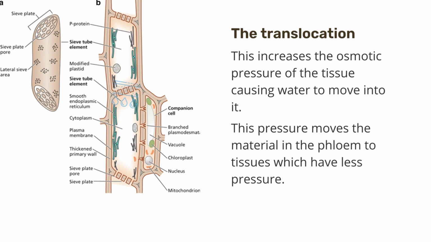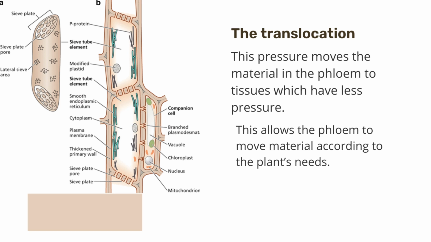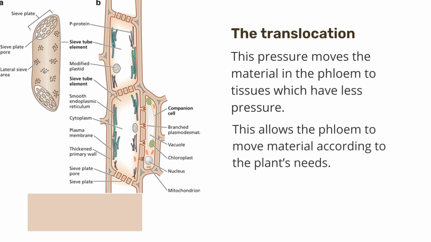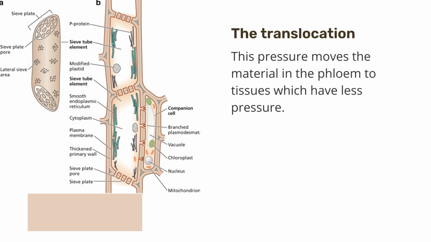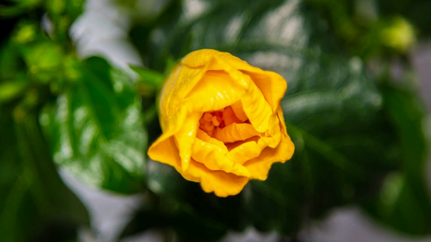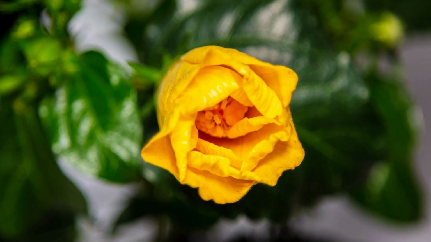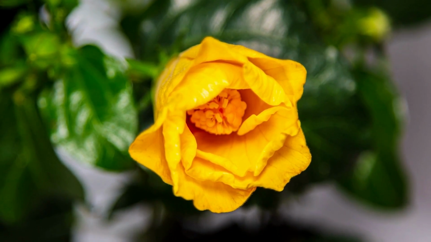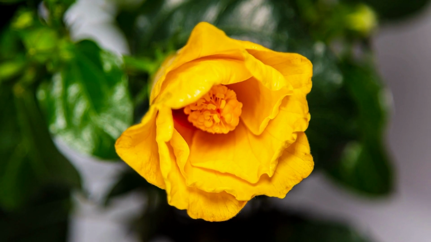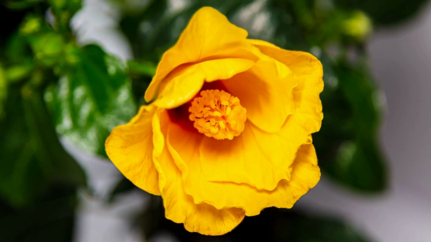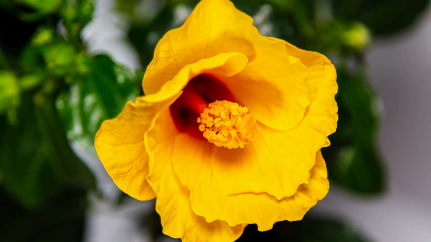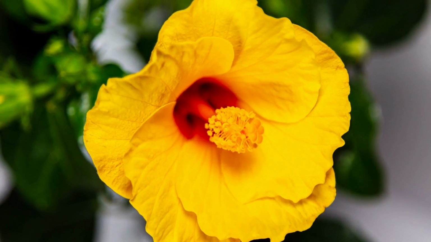This pressure moves the material in the phloem to tissues which have less pressure. This allows the phloem to move material according to the plant's needs. For example, in the spring, sugar stored in root or stem tissue would be transported to the buds which need energy to grow. Now, let's do a quick recap of transportation before we conclude this part of the chapter.